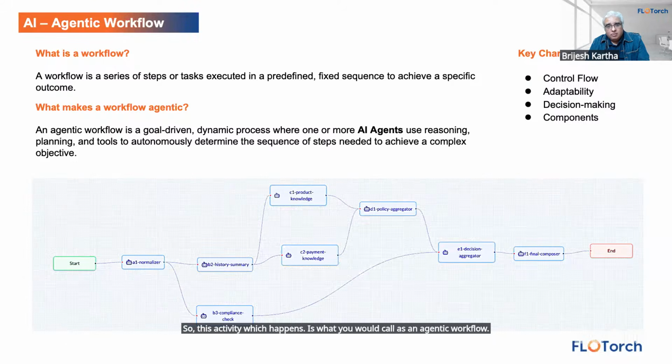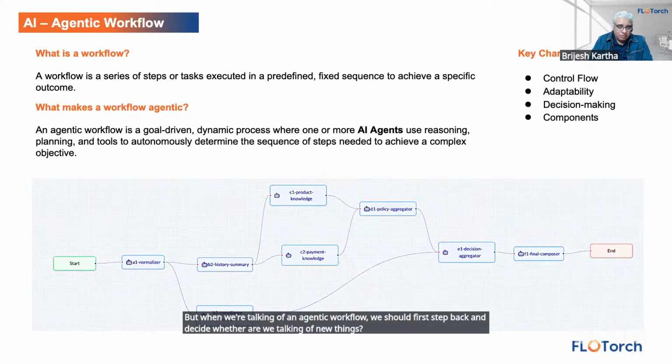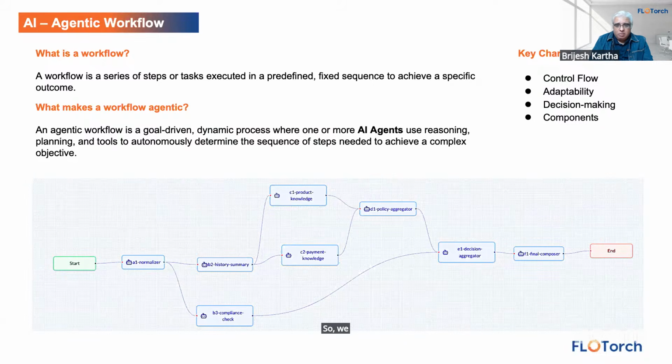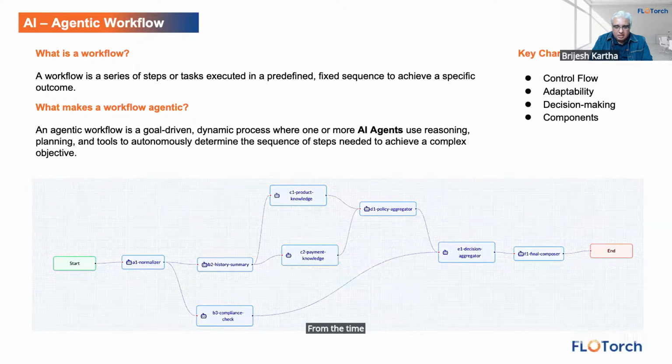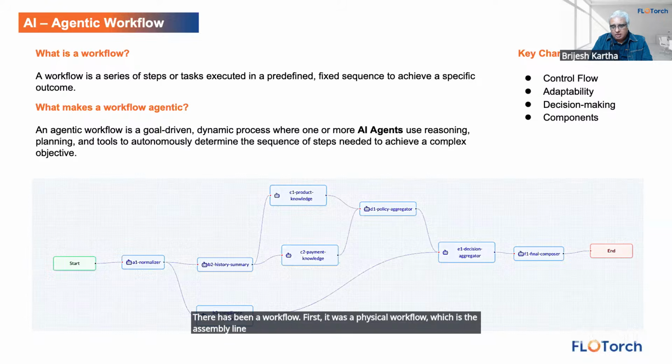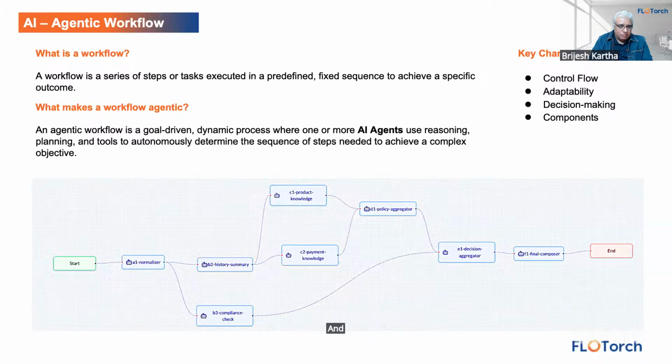But when we're talking of an agentic workflow, we should first step back and decide whether we are talking of new things. We really are not. Even before Gen AI came into the picture, workflow has been there since the Industrial Revolution. From the time we had the assembly line, there has been a workflow. First, it was the physical workflow, the assembly line, where the machines and everything had to go from point to point to point, and that's how the Industrial Revolution was successful.